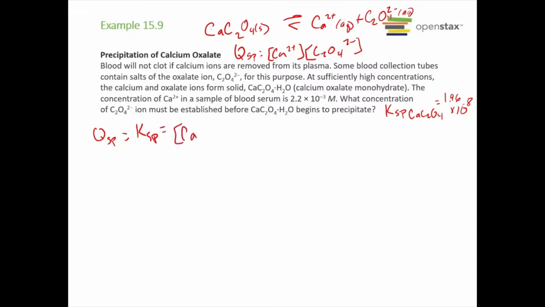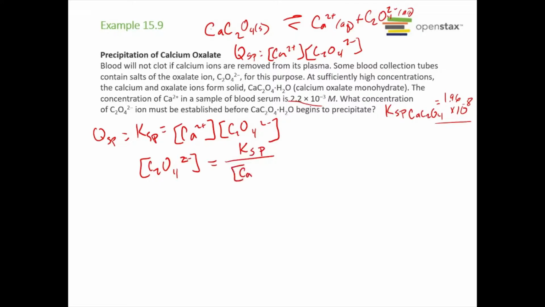So again, that's Ca2+ times C2O4 2-. And we do not know what our oxalate ion concentration is. We know calcium and we know KSP. Okay, so we know then that C2O4 is going to equal KSP divided by our concentration of Ca2+.